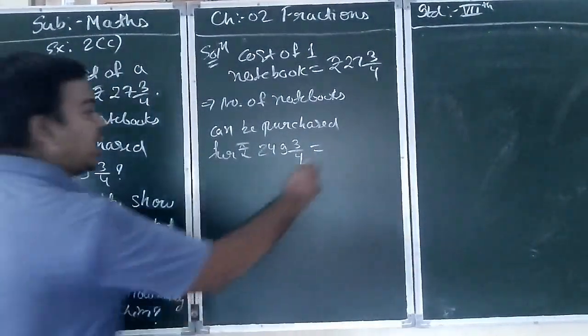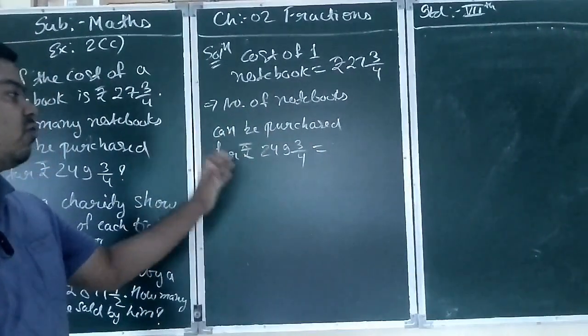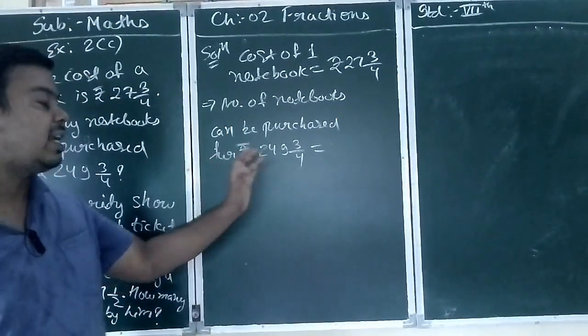Okay. So 249 3 by 4 means how many number of notebooks? How many notebooks can be purchased for rupees 249 3 by 4?